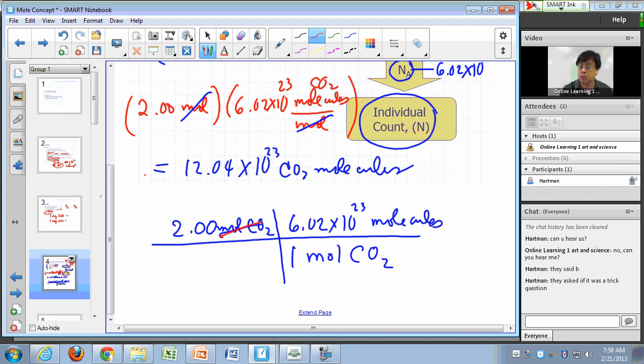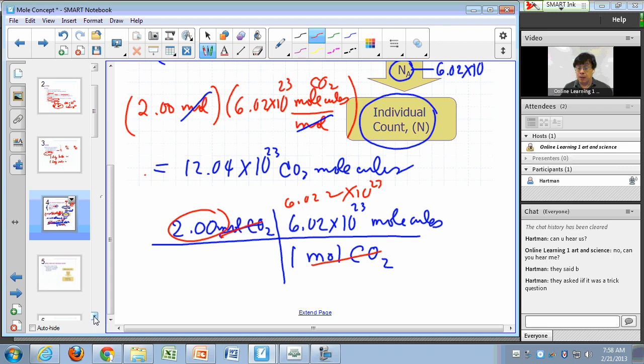So mole CO2 cancels out. It's actually preferable to use 4 sig figs here, 6.022, since you have 3 sig figs here. So 6.022 times 10 to the 23rd would be a better number to use there.